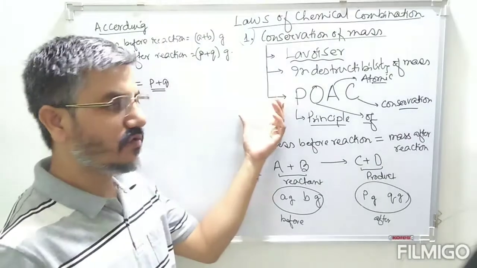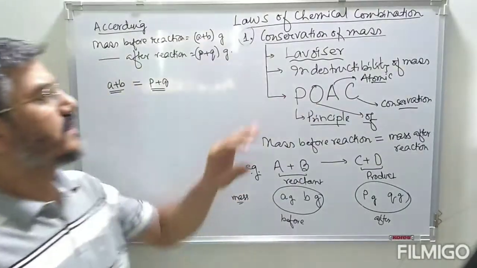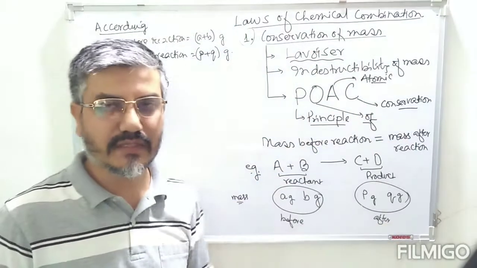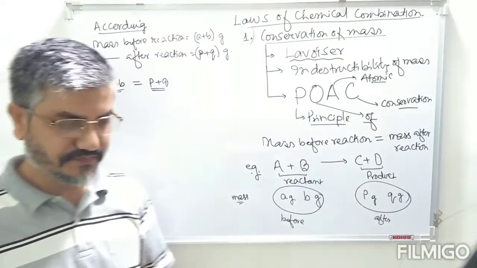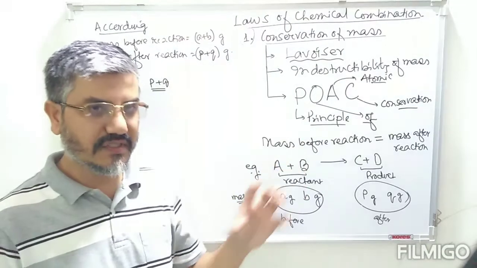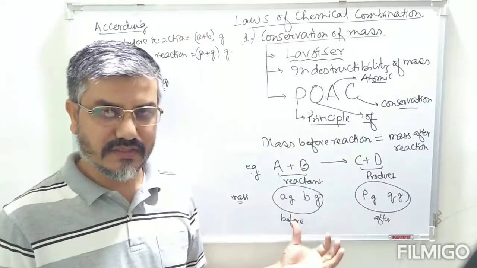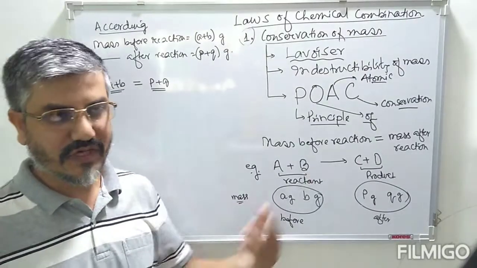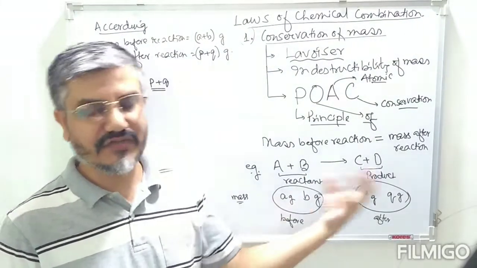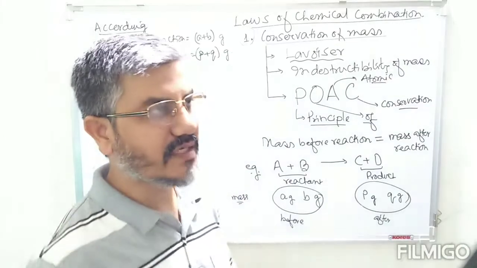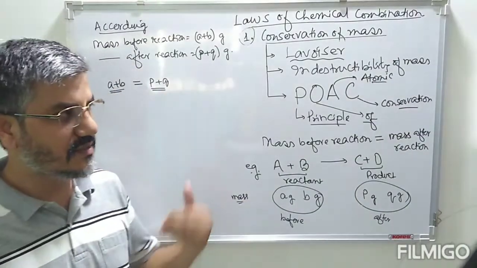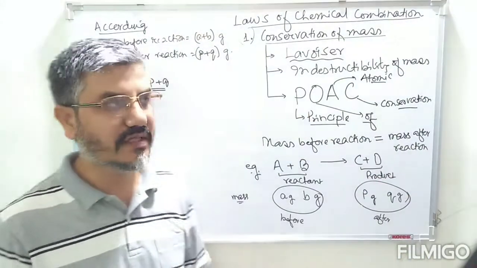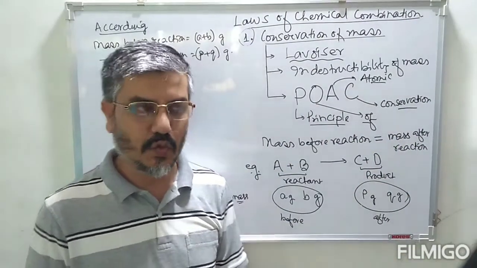But one point that you have to keep in mind is this conservation of mass may not be applicable to nuclear reaction. So point to be noted is in nuclear reaction, some of the mass is converted into energy. So while measuring the mass before reaction and after reaction, there may be a difference of mass, but that doesn't mean that mass is destroyed, but mass is converted to some energy equivalent according to E equals mc square.